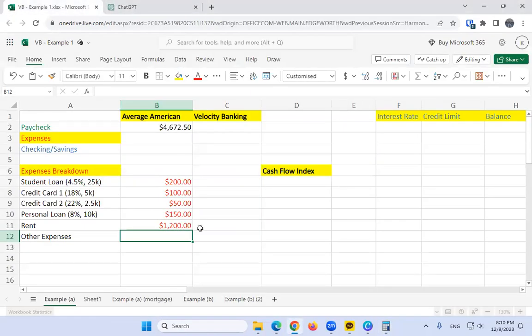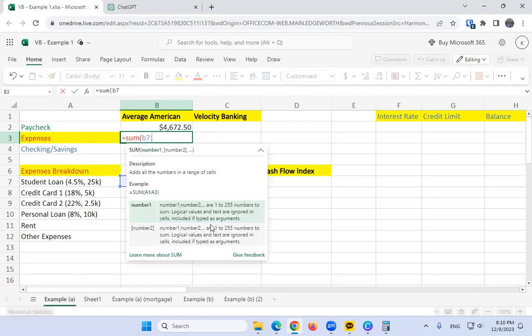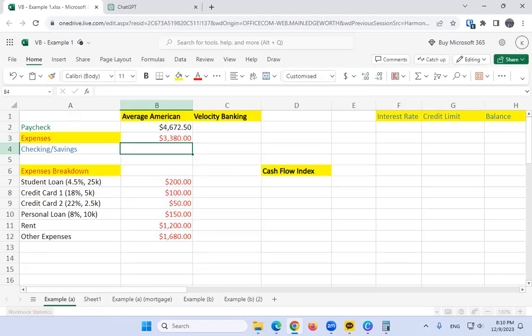So 1680. Okay, so now let's go ahead and sum this up. So this would be sum B7 to B12, right? And so let's look at how much is left over. So that would be B2 minus B3.